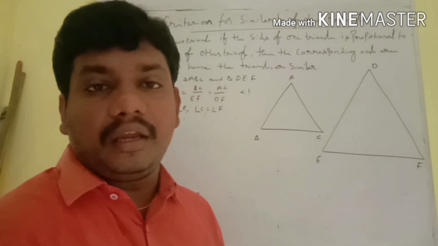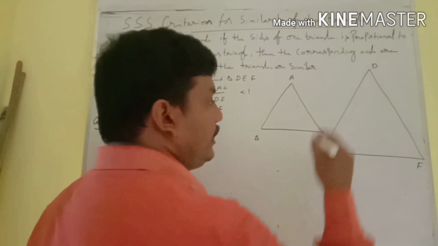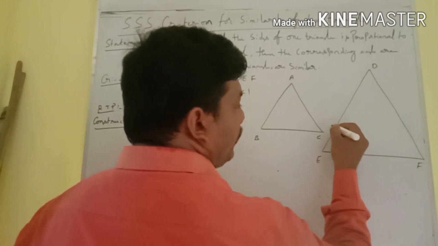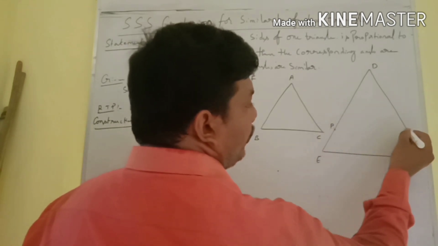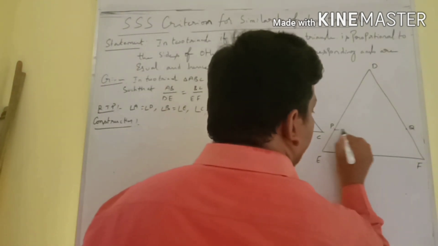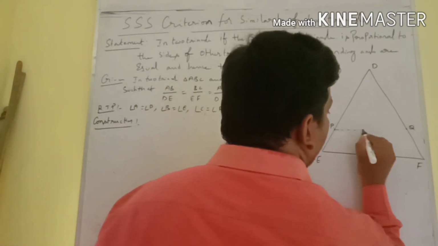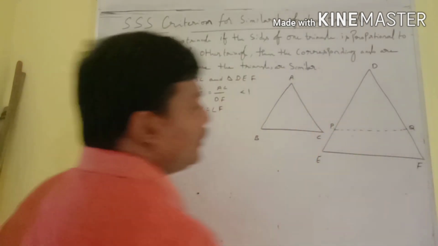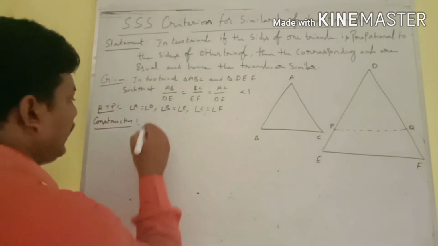Locate the points P and Q on the sides DE and DF. Locate a point P and locate a point Q, and join the line segment PQ.